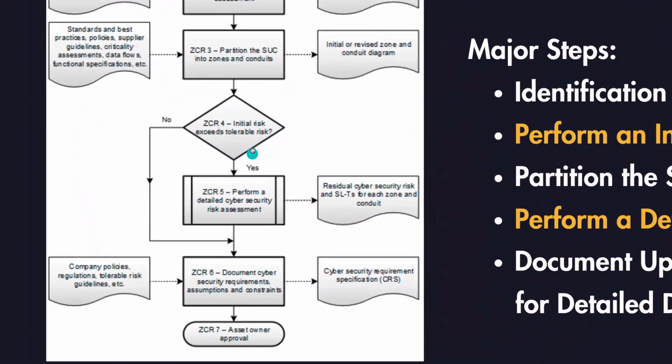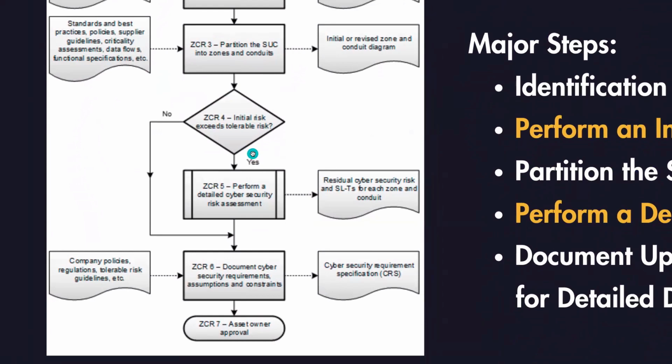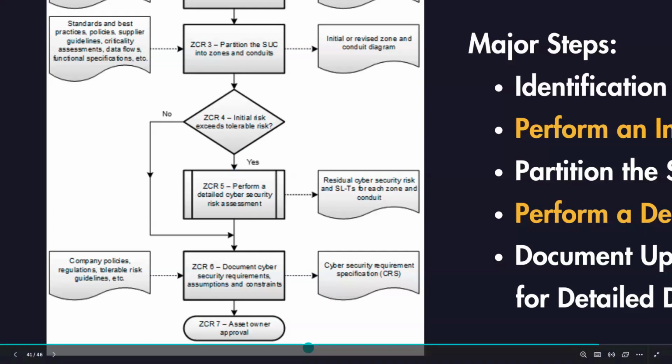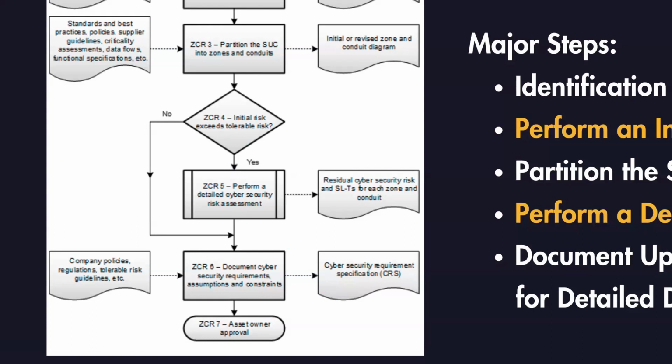I can accept the risk as low, but if it is not exceeding the tolerable risk, then I will just document it and submit the report to the end user or the relevant stakeholder. But if the initial risk is greater than the tolerable risk, then definitely I have to perform the detailed cyber risk assessment.